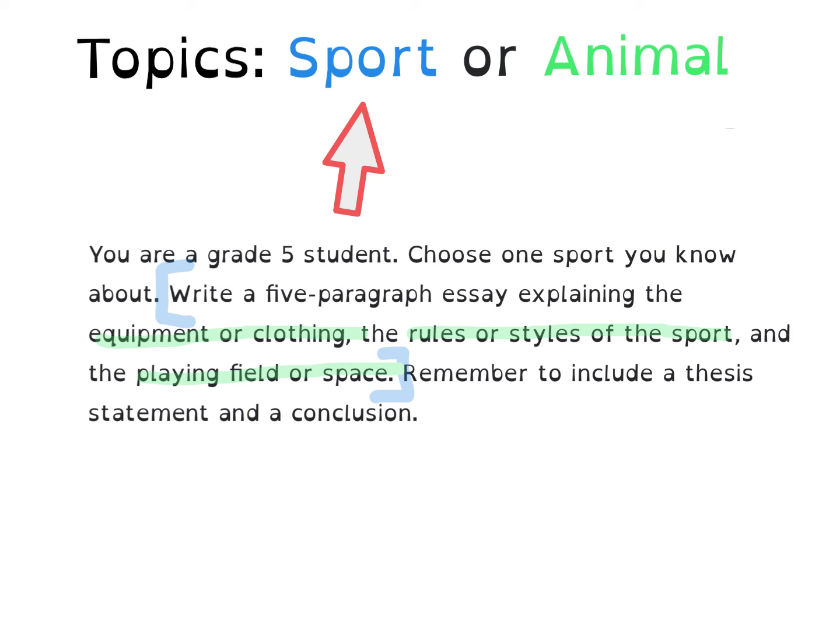These are the 3 main ideas that you want to brainstorm. Number 1, equipment or clothing. Number 2, the rules or styles of the sport. And number 3, the playing field or space.